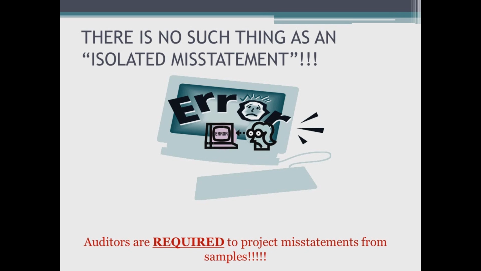You can't say that the sample is representative only when everything is correct, and when you find an error, it's an isolated incident. Either you decide it's a representative sample and you can rely on the results, but if there are errors, you have to account for them. So, as I said, auditors are required to project to the entire population.